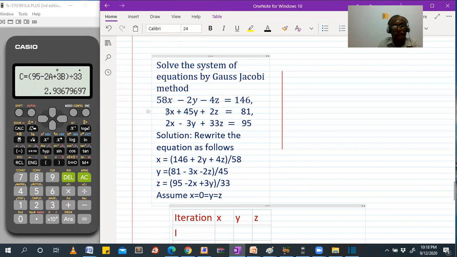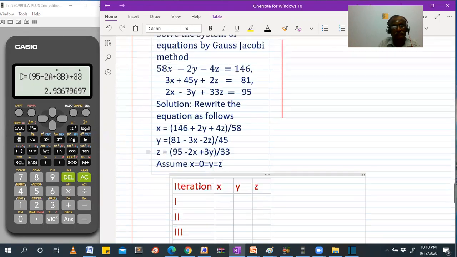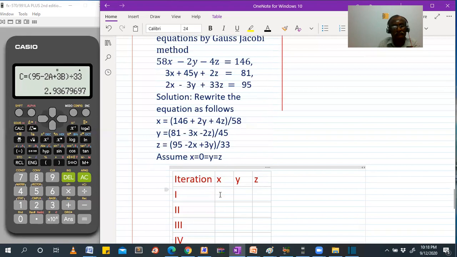In the second equation, the x and z terms are taken to the other side, divided by the diagonal number: y equal to (81 minus 3x minus 2z) by 45. In the third equation, bring the x and y terms to the other side, divided by the diagonal number 33: z equal to (95 minus 2x plus 3y) by 33.